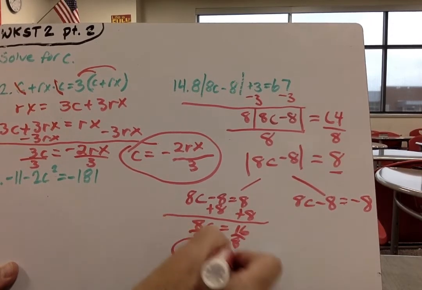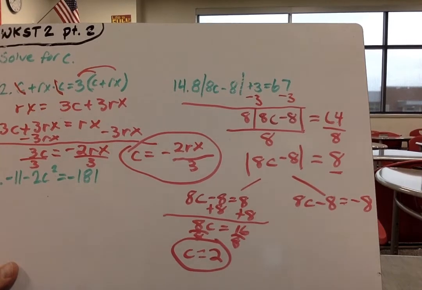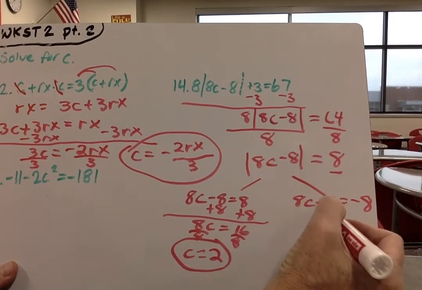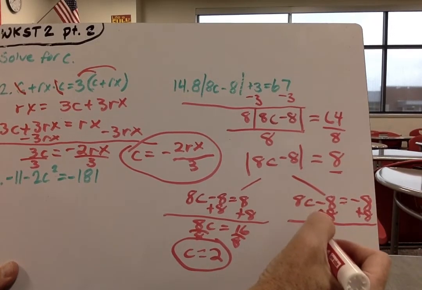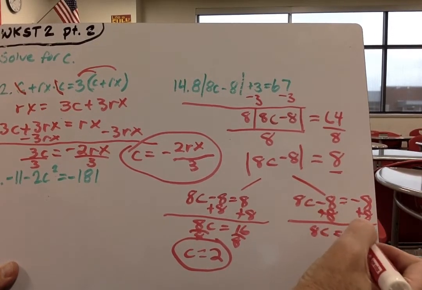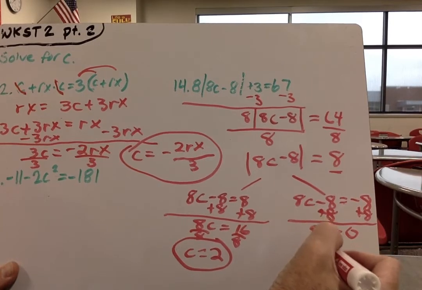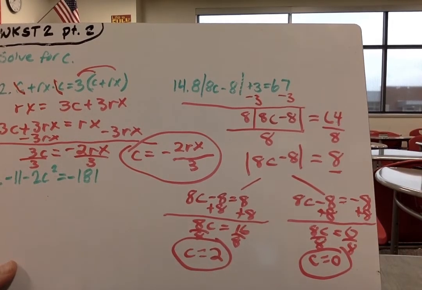So that's one of our solutions. Let's see if we can get another one. We're going to add 8 here, add 8 here. 8c equals 0. Divide by 8. c equals 0. And we're done.